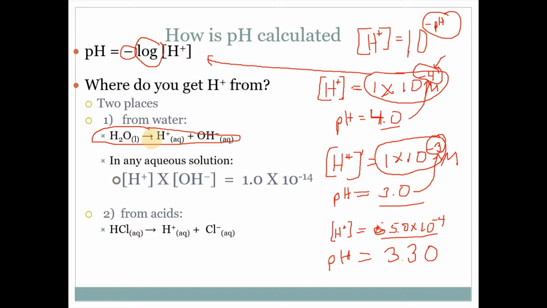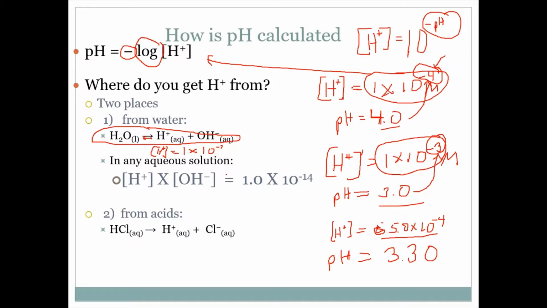I don't have a reverse arrow on this one, but it's an equilibrium reaction. And if you calculate what the concentration of hydrogen and hydroxide are in just a pure glass of water, it turns out that they are both 1 times 10 to the negative 7. So the hydrogen concentration, that's H plus concentration, is 1 times 10 to the negative 7.